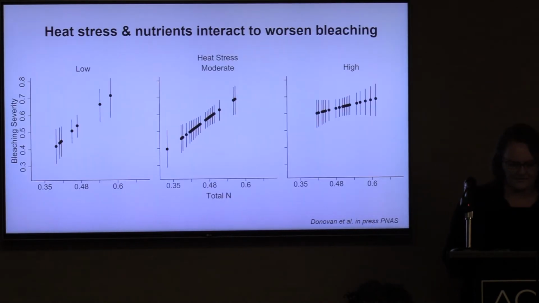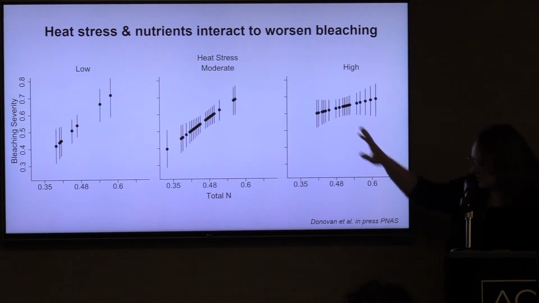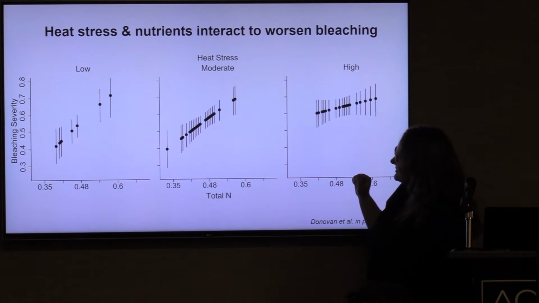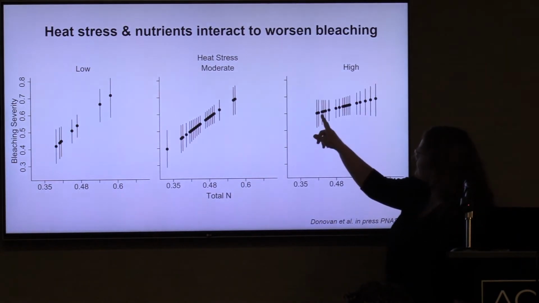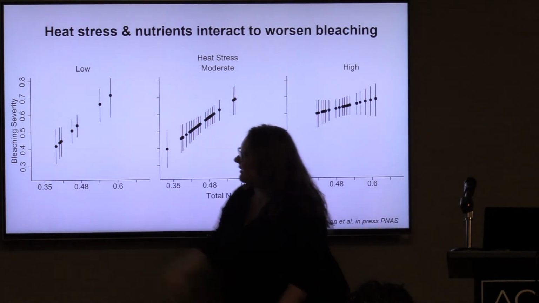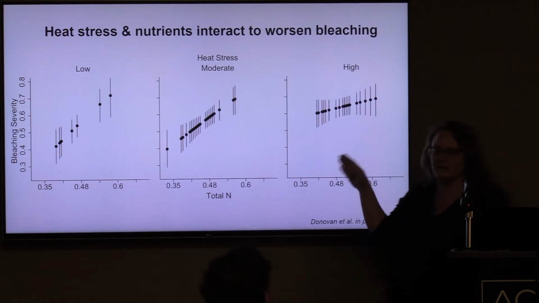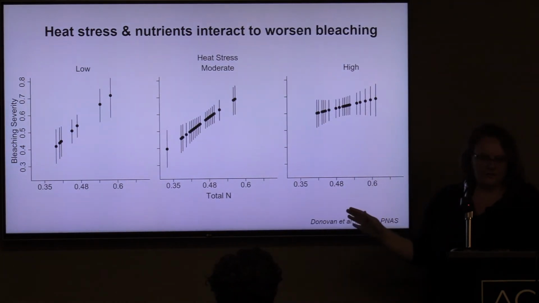And so jumping straight into the results, this is what we found. We found an interaction between nutrients from pollution and heat stress, and interactions are complicated, so we'll break this down for a second. We have low, moderate, and high heat stress. If you just look at the intercepts of this, you can see the increasing effect of temperature, where there's a higher bleaching severity where there are hotter temperatures. Okay, we already knew that.